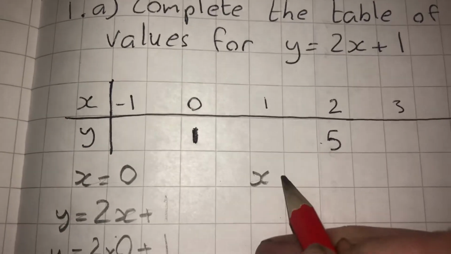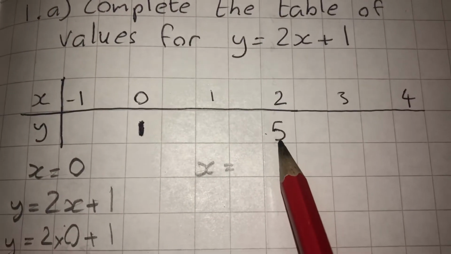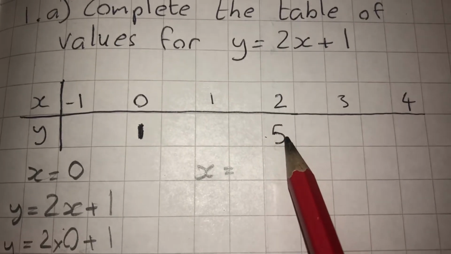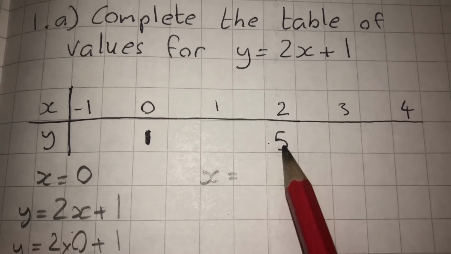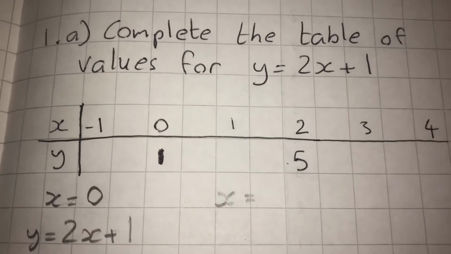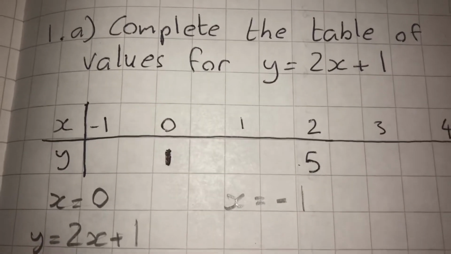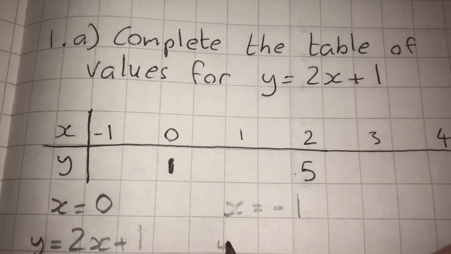And actually, what you'll notice is we also have the value for y when x is 2. So when x is 2, y is 5. Eventually you'll notice a pattern, so we don't have to do it for all these values, alright? So we'll do it for when x is -1. You just need to be careful when you're dealing with negative numbers, okay?